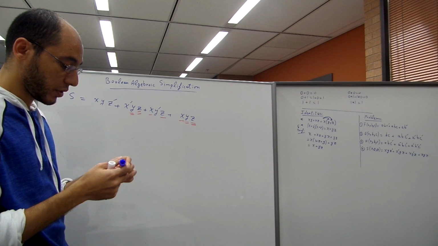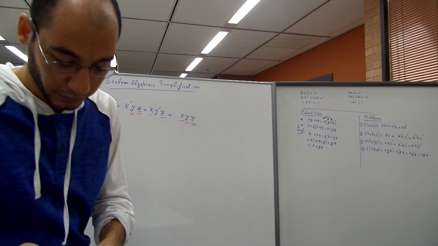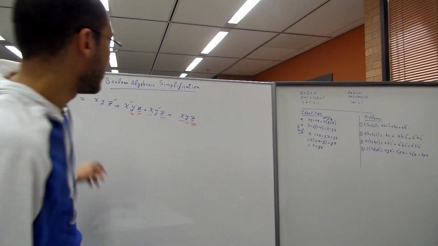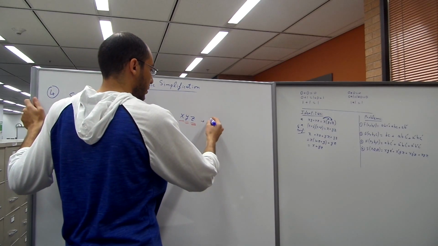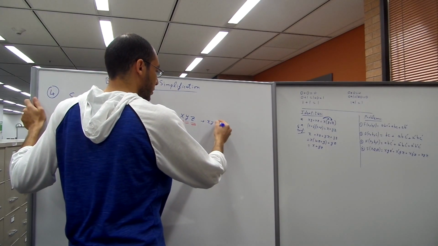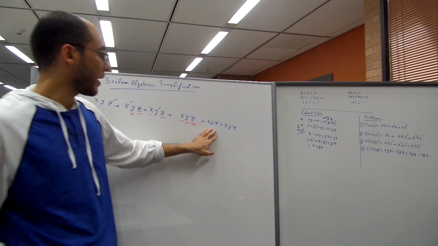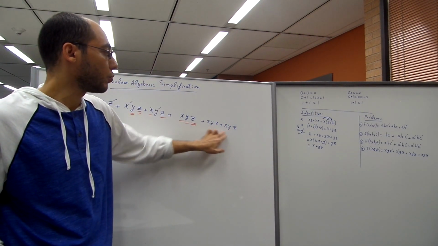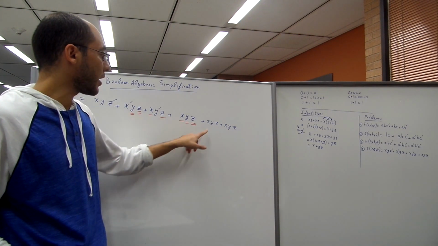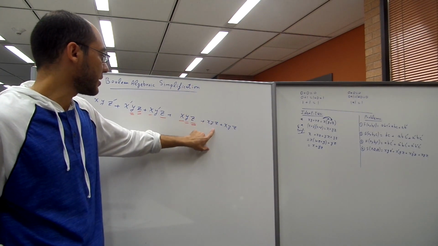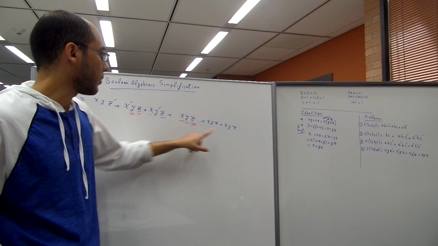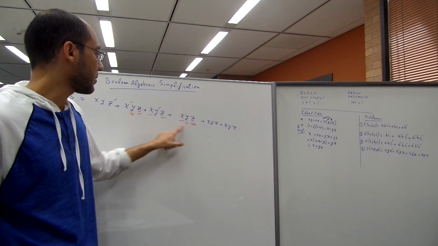So the best thing is you replicate this term, xyz plus xyz. So I have actually replicated this term 2 more times. Why? Because I want to take this xyz with that term, and I want to take it with that term, and at the same time I want to take it with this term.